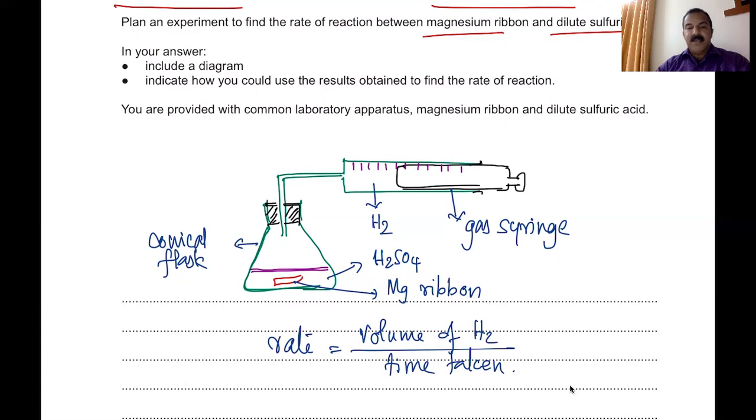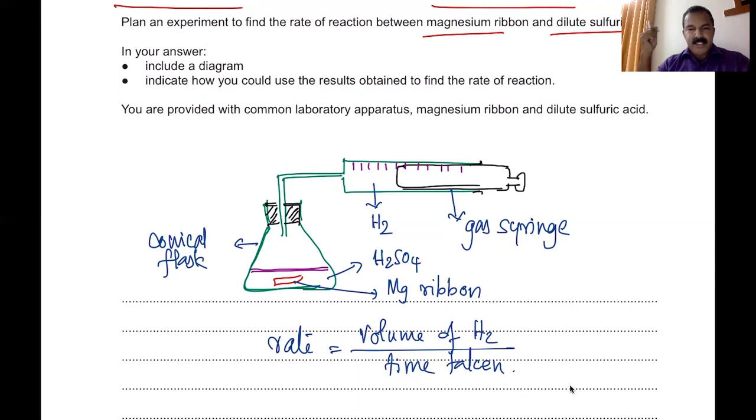So you say, take a known volume of sulfuric acid. It is not very necessary to say that, but it has to be a certain amount of dilute sulfuric acid. Then a piece of magnesium ribbon is taken. If you want to collect all the gas, the addition should be with a test tube. It is not necessary here.